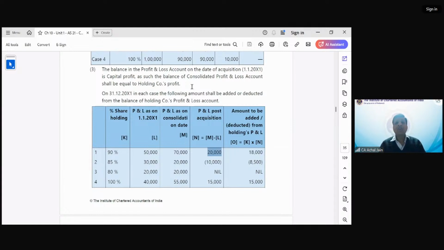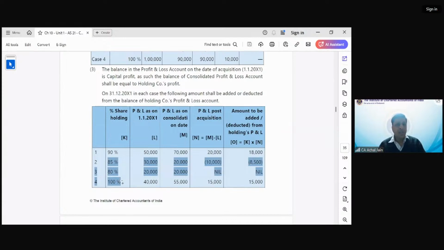So 90% of this profit will go to whom? Holding. Yes or no? So now 18,000 is what you will take to the holding's account along with that 2 lakh. Similarly, in each of these case scenarios, you can do this exercise.